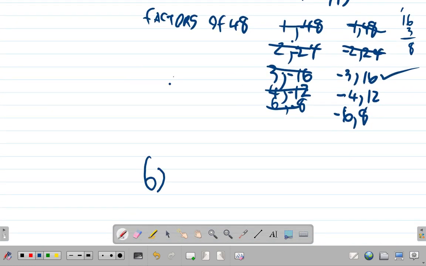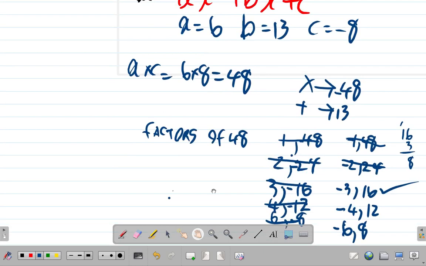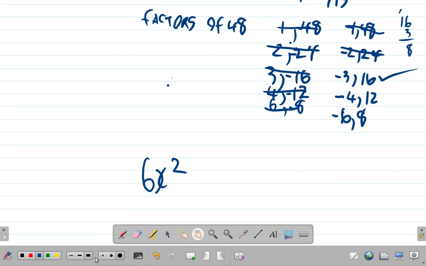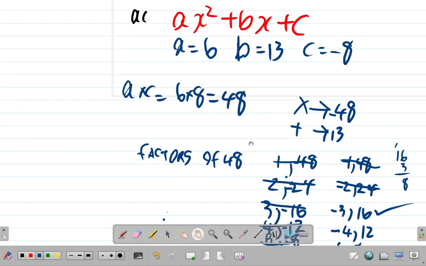So we have 6x squared, plus, you can rewrite 13x as negative 3x plus 16x. Because remember it's 13x.